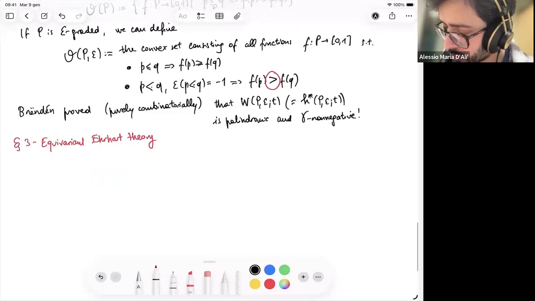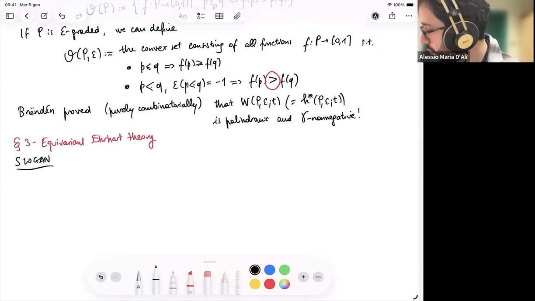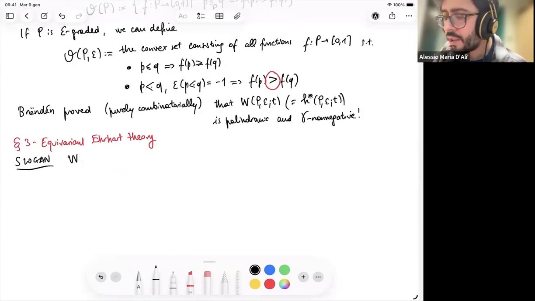So I'm just going to give you the slogan and then describe it a bit more. Instead of doing the usual counting, what I want to do is basically take care of symmetries of some given polytope. I have a polytope, and a finite group acts on this polytope and preserves it.